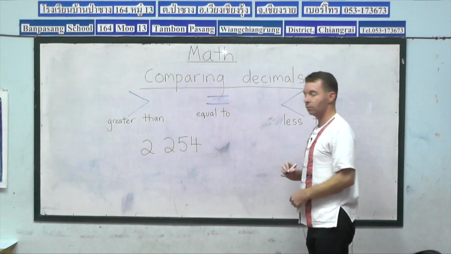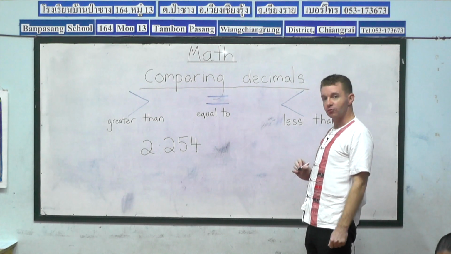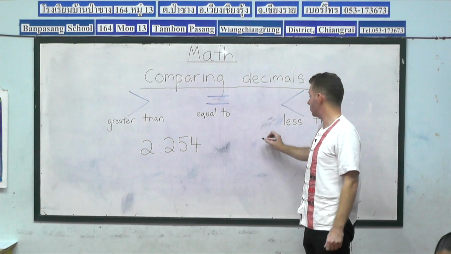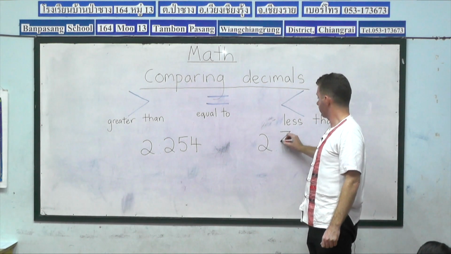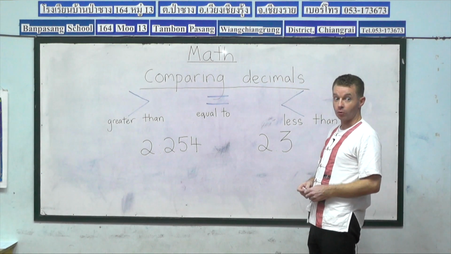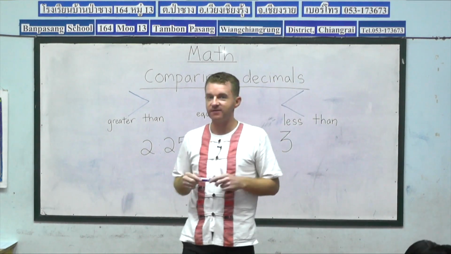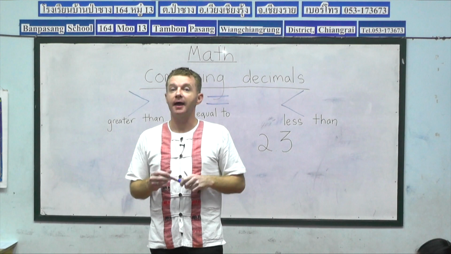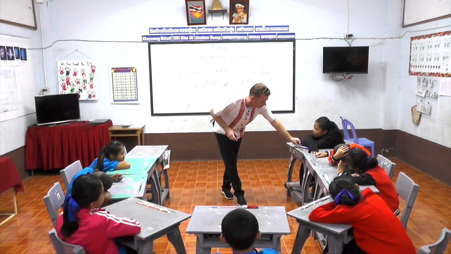What number do we have? 2.254. And what number do we have here? 2.3. So now, let's see who can first of all compare and then tell which number is greater or less than.